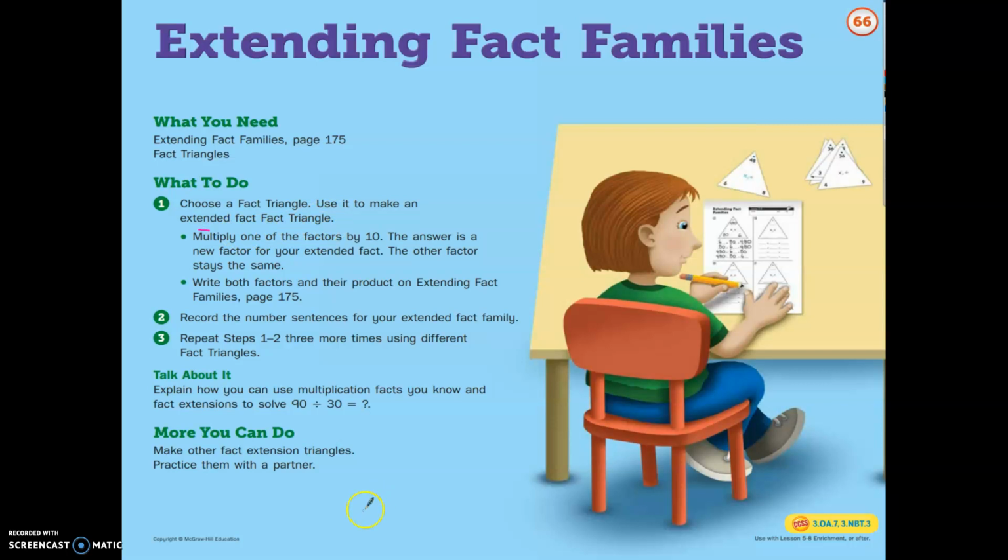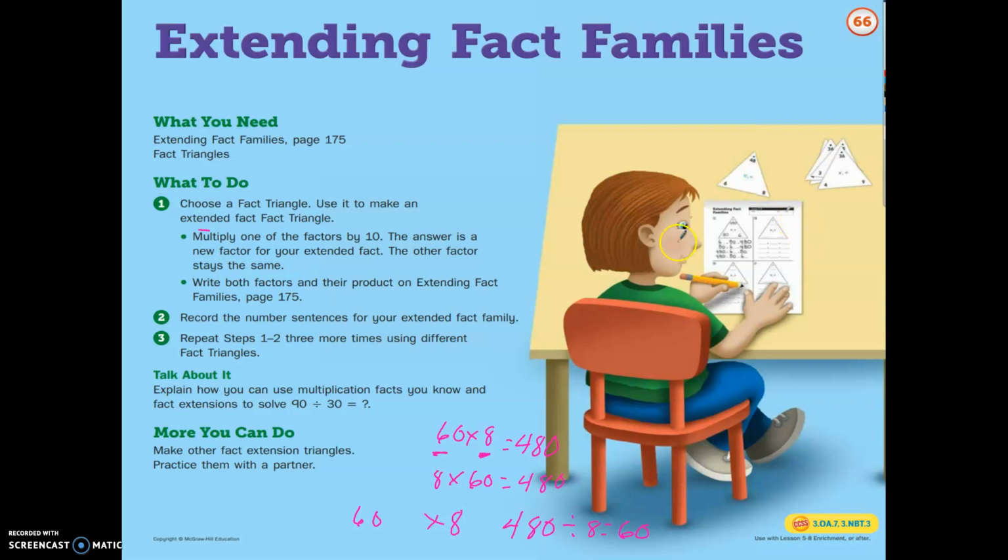So if it's 6 times 8, you can think of it as 60 times 8. And what would those fact families be? Well, 60 times 8, think of your basic fact, 6 times 8. That would be 480. And then 8 times 60 is 480. And then do your division problems. 480 divided by 8 is 60. And then I ran out of room, but you could write 480 divided by 60 equals 8.